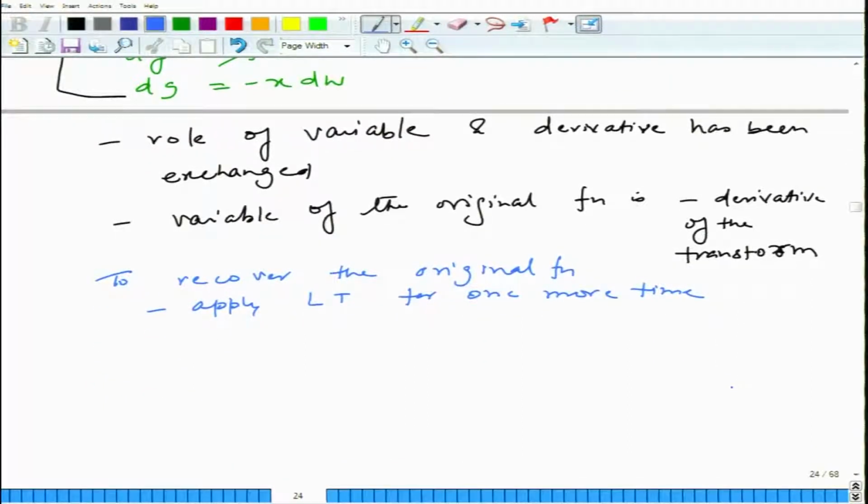So, dg is minus x dw. All right. So, we are going to get a function g minus, we are going to say this is again f, the original function, which can be written as g minus the variable, which is w, times the derivative of that, del g by del w.